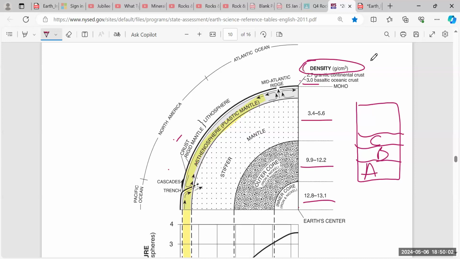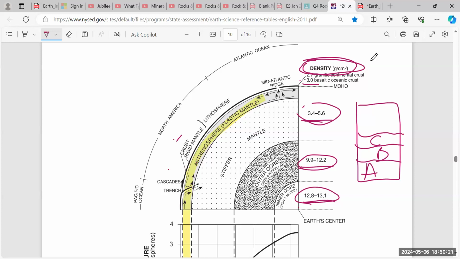In the same sense, we see here that for each layer of the Earth, we are also seeing different densities. So that lets me know that density plays a role in separating the core and the different layers of planets.